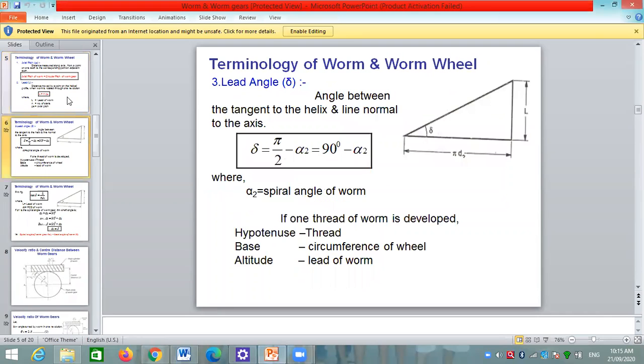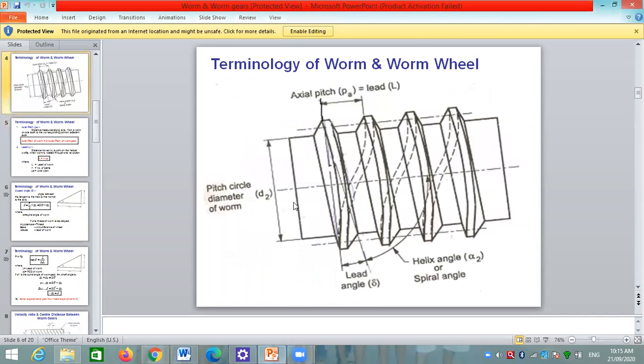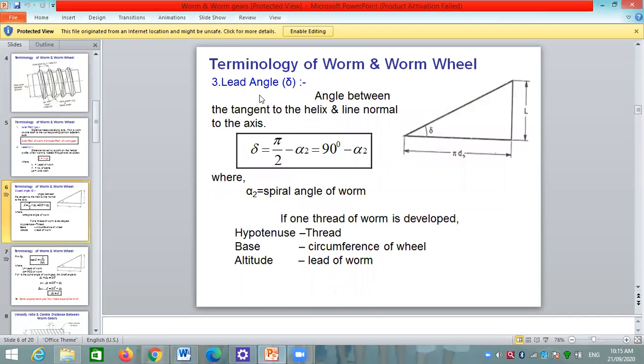Then lead angle. We see what the lead angle is here. Delta denotes the lead angle, the angle between the tangent to the helix and the line normal to the axis.